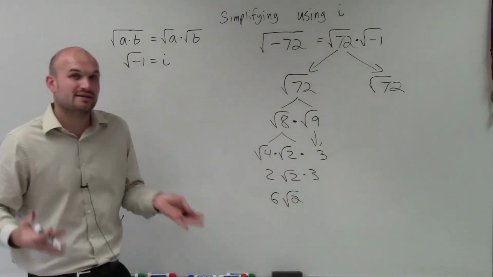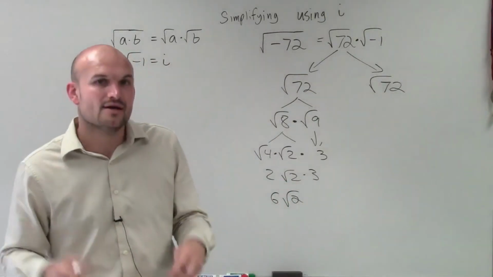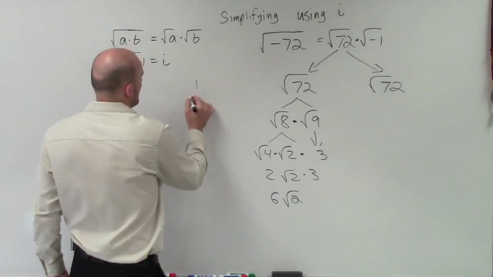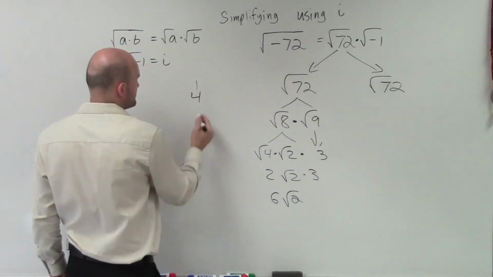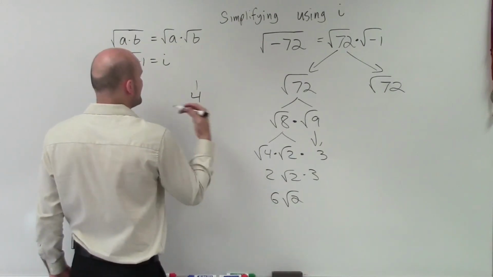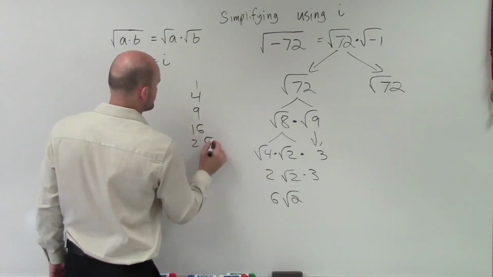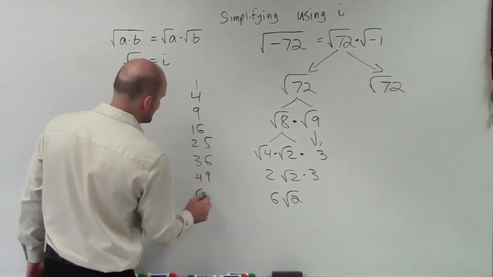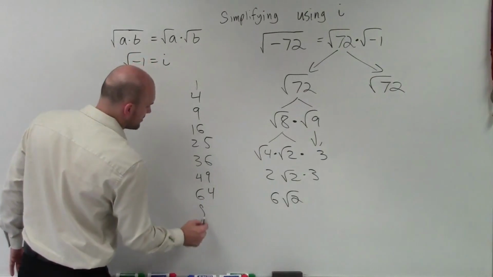So you have to keep on breaking it down. The hint that I want to give you is, when you're determining out of your square numbers what is going to divide into 72, the best advice that I can give you is choose the largest number that is going to divide evenly into your number.